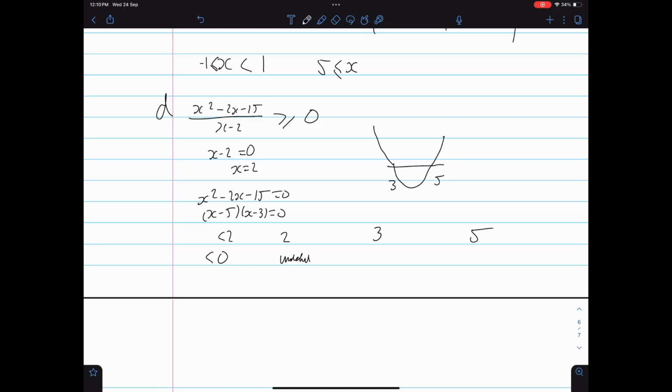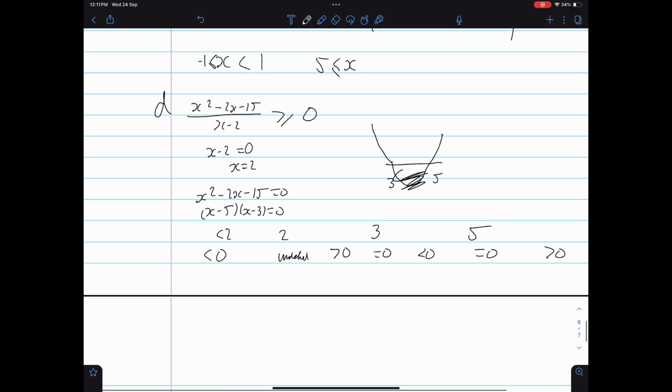Less than 3, it'll be positive. So you've got a positive on the top, then when you have something between 2 and 3, minus 2, that's a positive on the bottom, so it'll be greater than 0 at that point. At 3, it'll be equal to 0. At 5, it would be equal to 0. Between 3 and 5, you'll have a positive on the bottom, but negative on the top, so that'll be less than 0. And then at greater than 5, it'll be greater than 0.